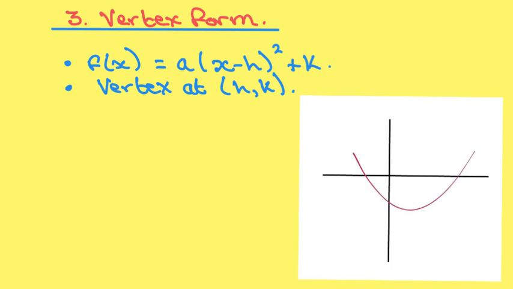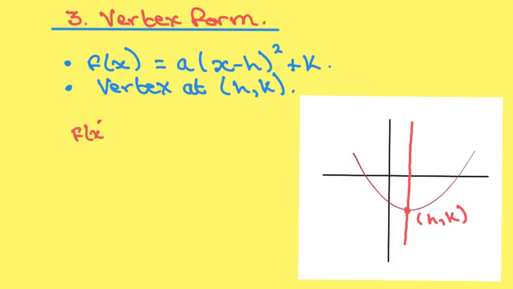And remember, the vertex is where the line of symmetry cuts the parabola, so you immediately know that that point is h, k.